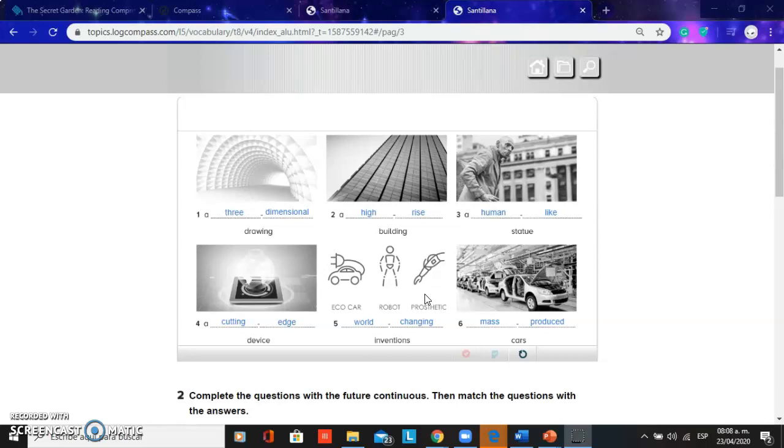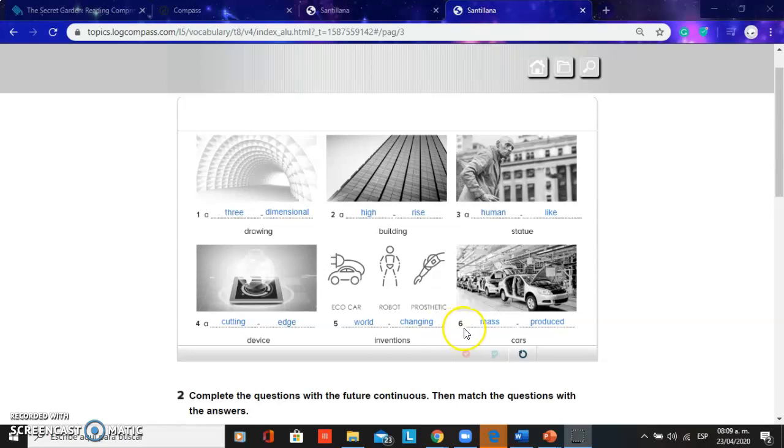Now, for number 5, look at the picture. You have a car, a robot, and a prototype. You are talking about inventions, something that probably caused an impact on the whole world. So here, you need to write the adjective world-changing.